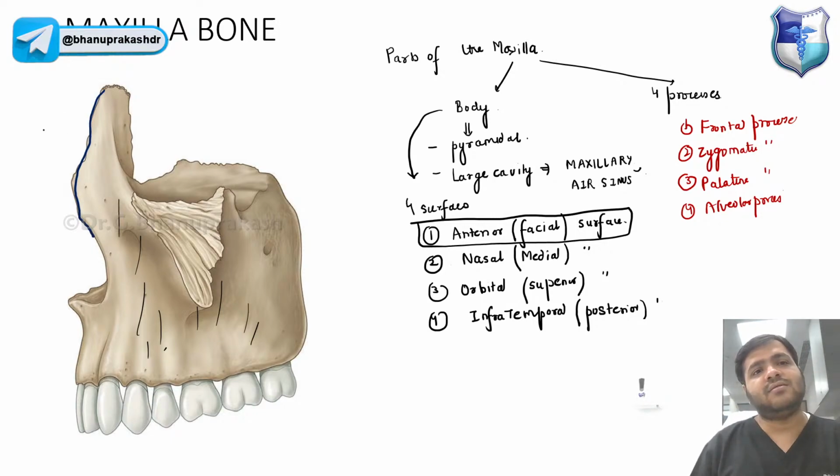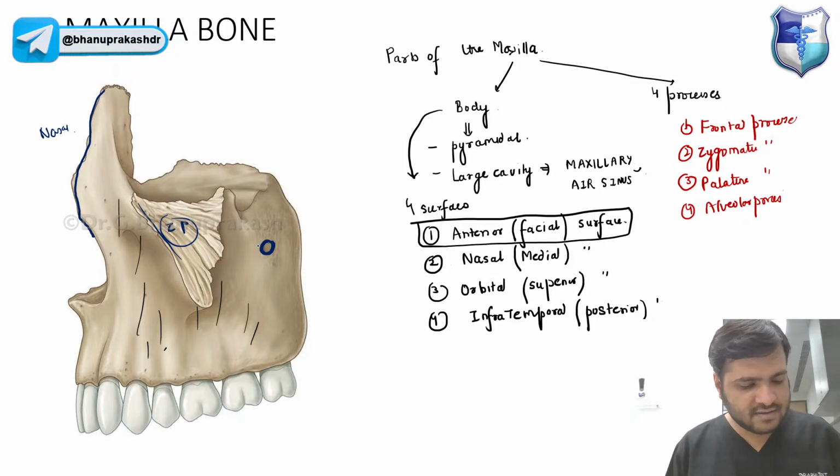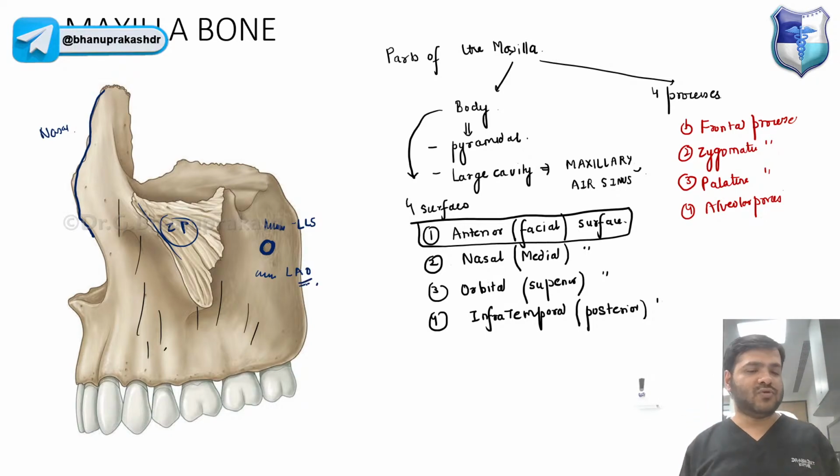This is the zygomatic process, which looks triangular in shape, and over here you can appreciate one foramen, the infraorbital foramen, just behind the nasal notch. So above we have a muscle, and below we have a muscle. Above it is levator labii superioris, and below we have the levator anguli oris. Those are both muscles which originate from this part.